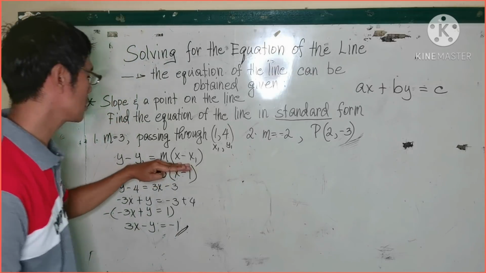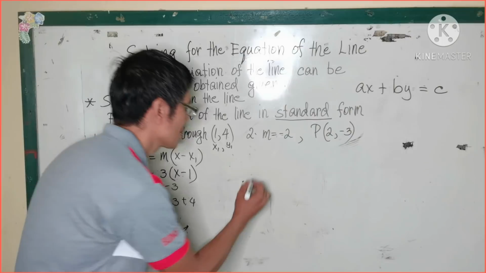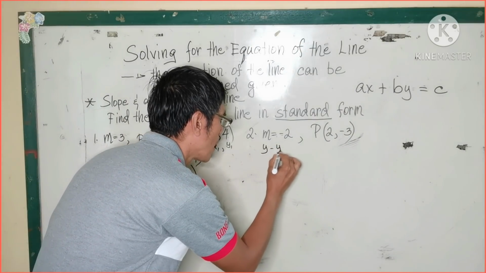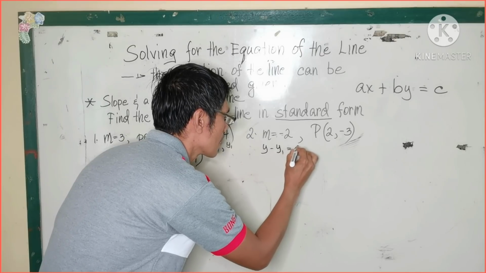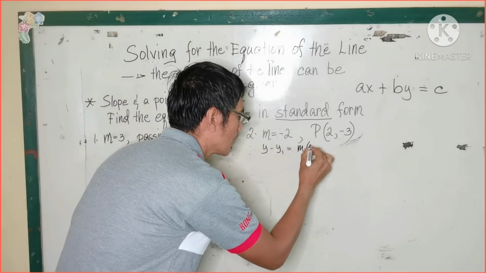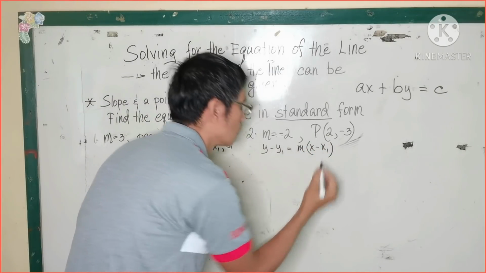Again, we are going to make use of the point slope form, which is y minus y sub 1 equals m times the quantity x minus x sub 1.